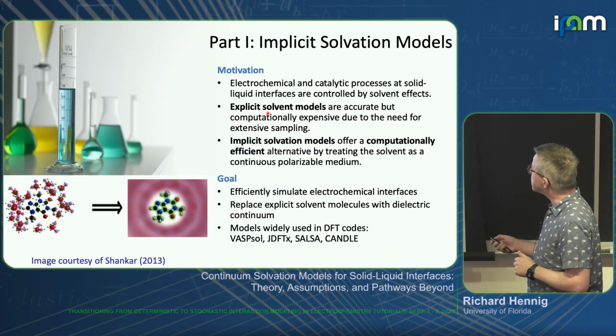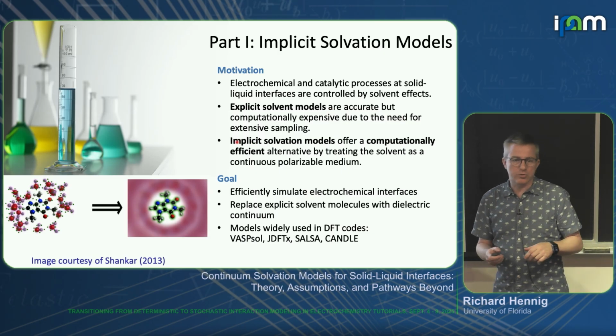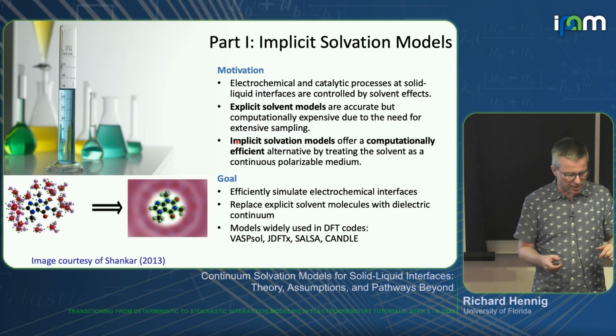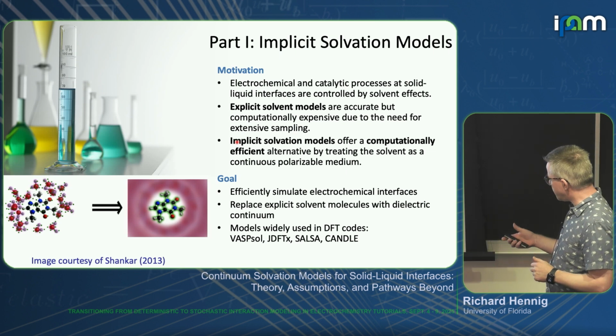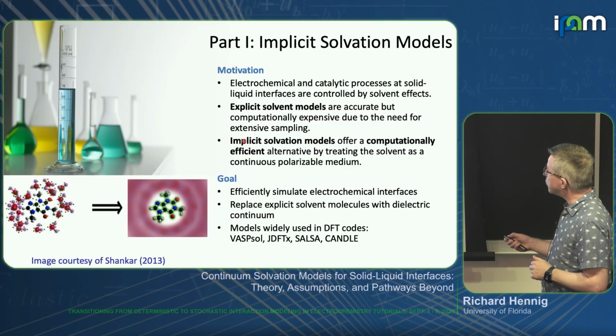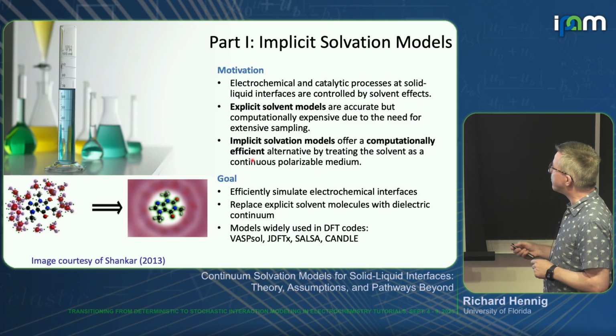And the main problem is, because we're dealing with liquids, we have to do the thermodynamic sampling. And effectively sampling those, as we've just heard in the previous talk, is a whole other ballgame. And that's why we're really trying to get rid of explicit solvent models wherever possible and implement implicit solvent models that are computationally much more efficient.